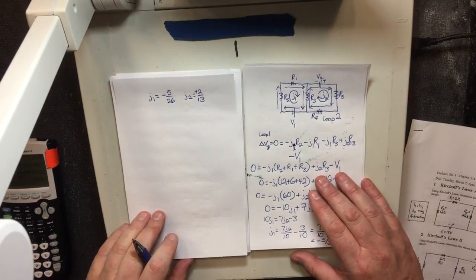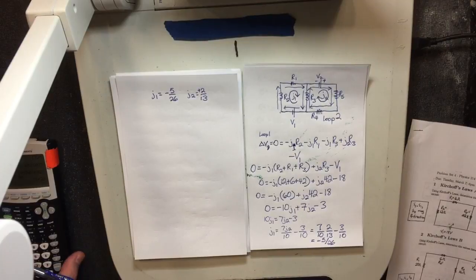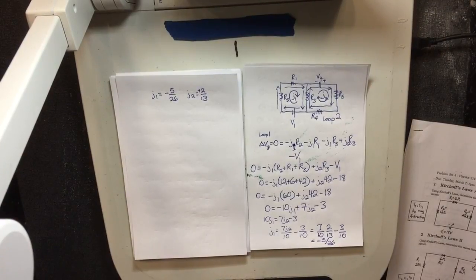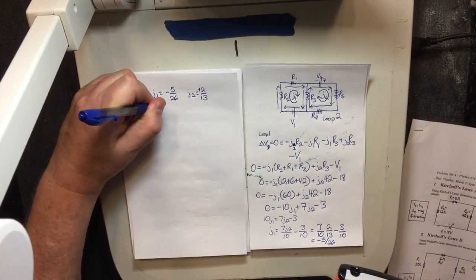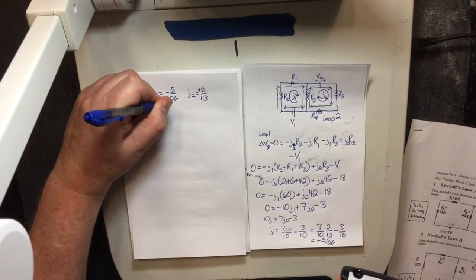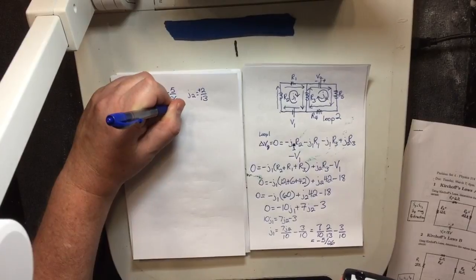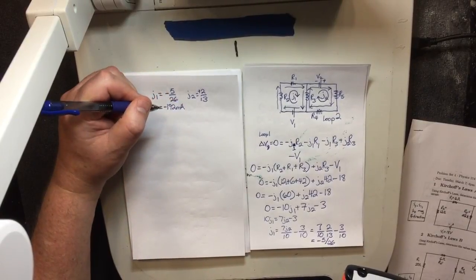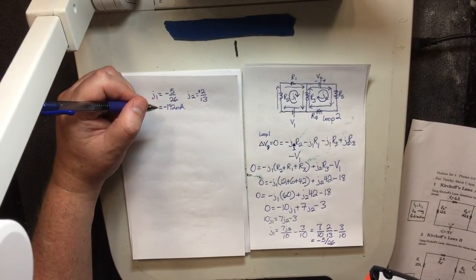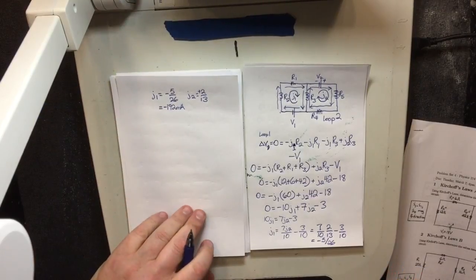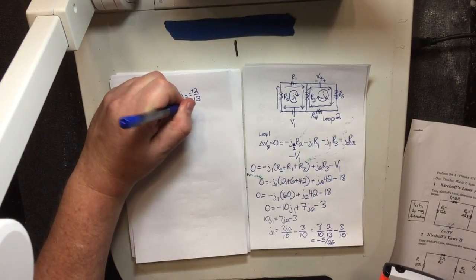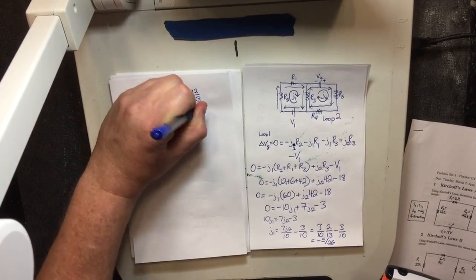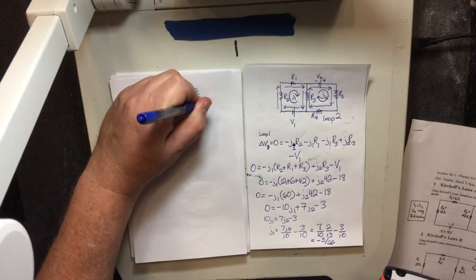Okay, so now if I just wanted the numbers, J1 is -192 milliamps and J2 is positive 154 milliamps.